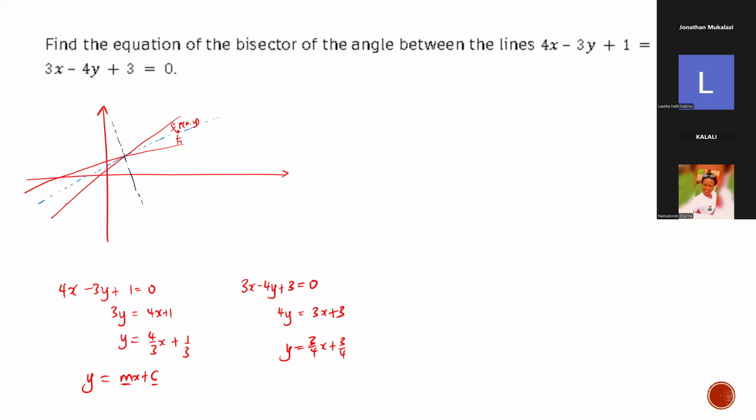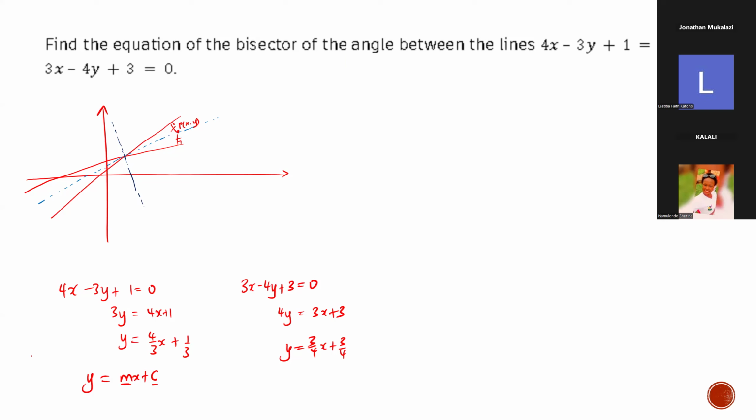So it preserves the general appearance of what it would actually look like. I haven't just drawn two random lines. I could have said, oh, one line is like this, the other line is like this, but no, they're not perpendicular. So this would be a bad sketch to use. This is the appropriate sketch that we should be using.